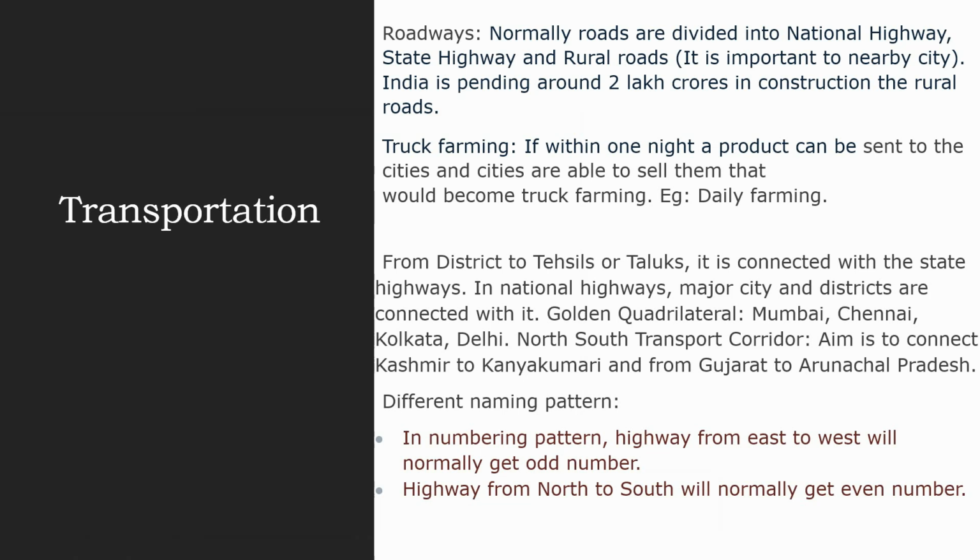So 90% will be given by the central government, and 10% will be given by the state. And it has been observed that the worst performance in the last 2 years was by the northeast India.